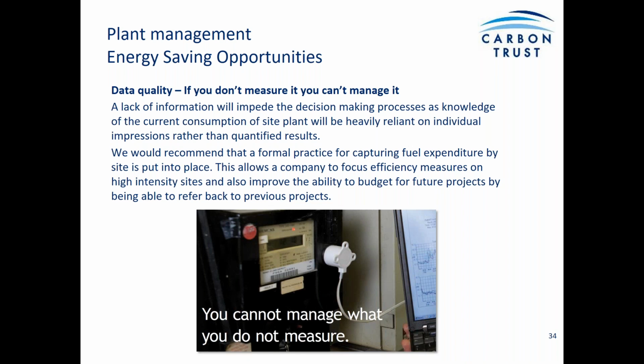This then allows you to focus in on the higher consuming sites in order to understand just why they are the higher consuming sites, and then being able to drill down into trying to understand the reasons for that.